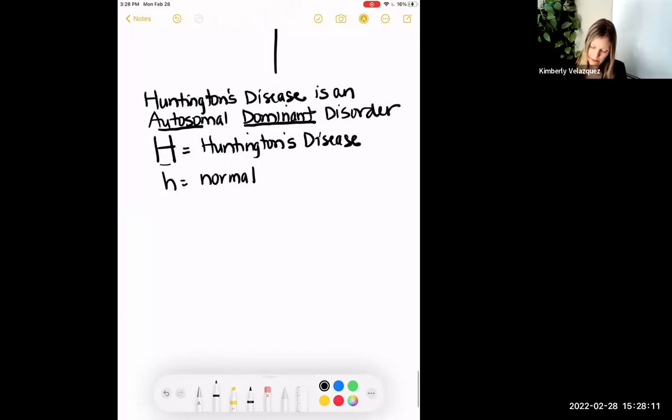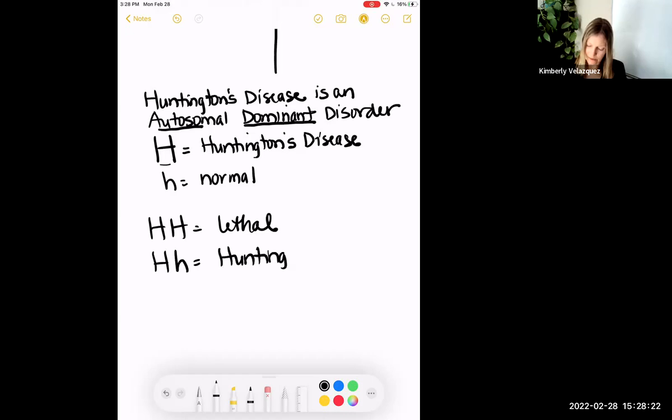Three possibilities: big H, big H, lethal. Too much of a bad thing. Heterozygous individuals have Huntington's. Because there's enough bad here, it's dominant, but the disease is dominant over normal. The only way an individual could be normal is if they had two of the little h.